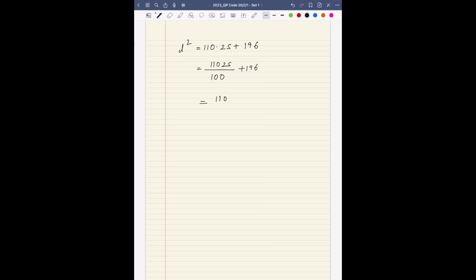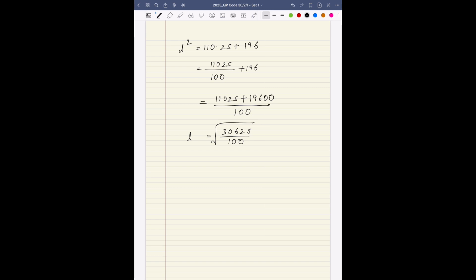Then 11025 plus 196, two zeros, divided by 100. Now you guys will have to do this tough calculation, but the numerator most probably will come out to be a perfect square. Okay, so when you add this, you get 30625 divided by 100. This is inside the under root.